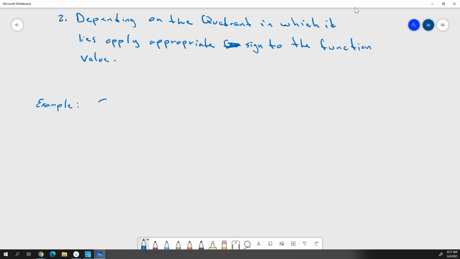So we just want to evaluate these trig functions. Evaluate A, cosine of 4 pi over 3, and B, tangent of negative 210 degrees.